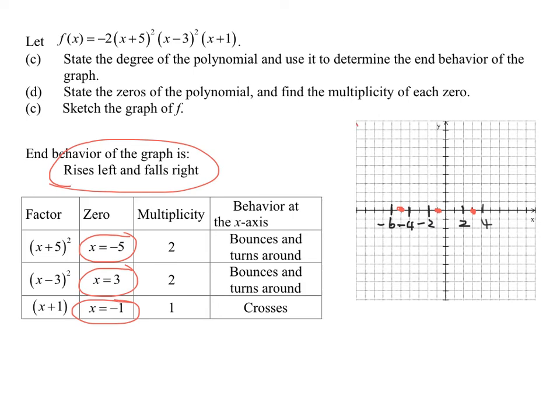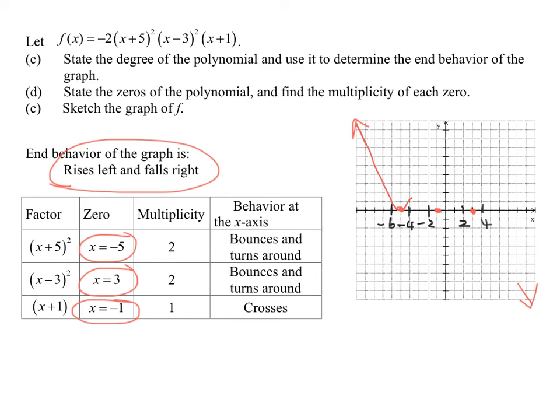I know my graph rises to the left and falls to the right. So my graph has to come down from here. Now what does it do at -5? It's going to come down, it's not going to cross, it's going to bounce and turn around. So let's sketch that part in if we can. So it's going to come down, it's going to bounce, and it's going to turn around.